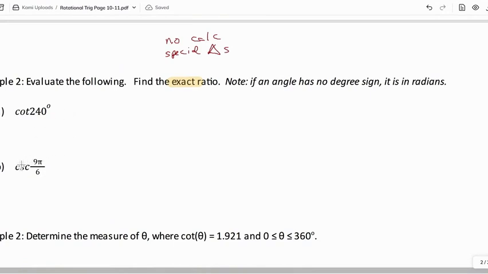I can't use a calculator, so I can't just punch it in. I need to understand where 240 is. So I draw my little diagram. Quite simple. I find my terminal arm and draw my angle.